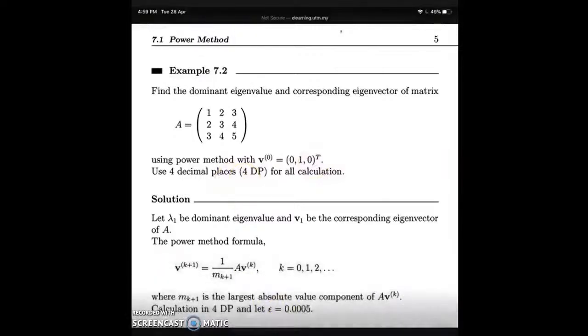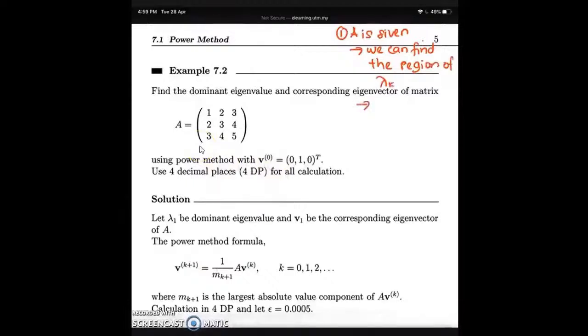The dominant A11, A22, A33 are at the center. You are also given the eigenvector V0 equal to 0, 1, 0, to start the iteration. From A you can find the region of the eigenvalue by using the Gershgorin theorem.